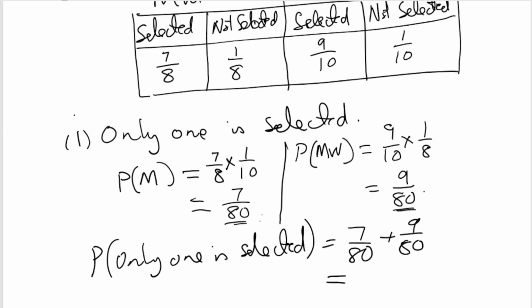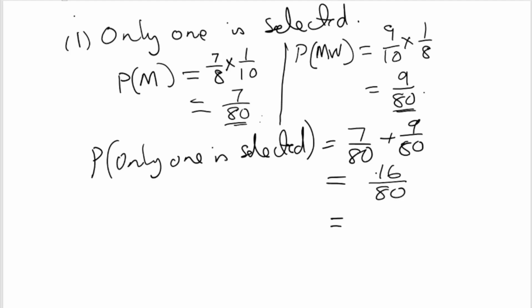And so we get 7 plus 9 is 16 out of 80. 16 can go into 80: 16 into 16 is 1, and 16 into 80 is 5. So 1 over 5 is the probability of only one person between these two being selected.